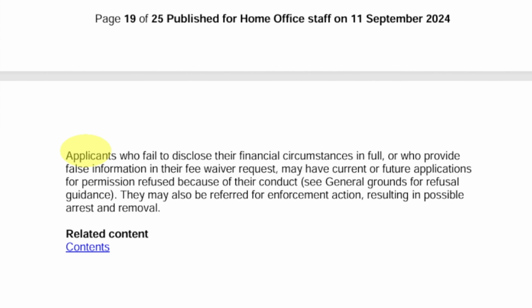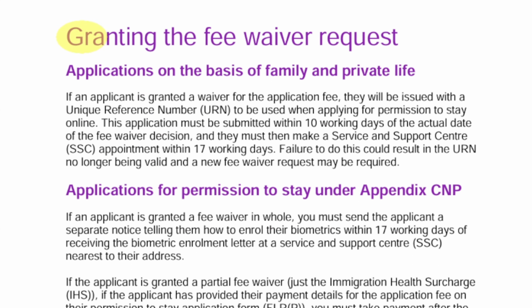In the last, it says applicants who fail to disclose their financial circumstances in full or who provide false information in their fee waiver request may have current or future applications for permission refused because of their conduct. They may also be referred for enforcement action resulting in possible arrest or removal. At the end, they have provided applications on the basis of family and private life, applications for permission to stay under Appendix C and P.